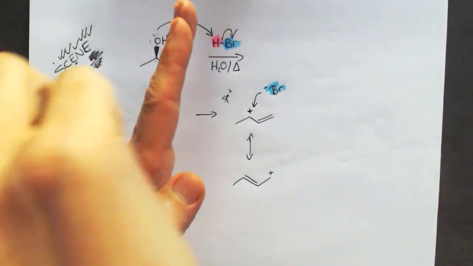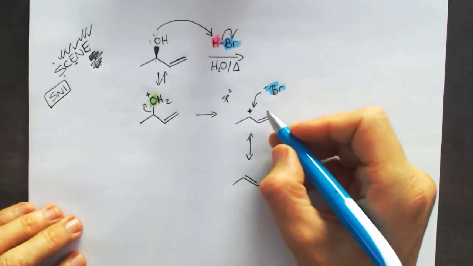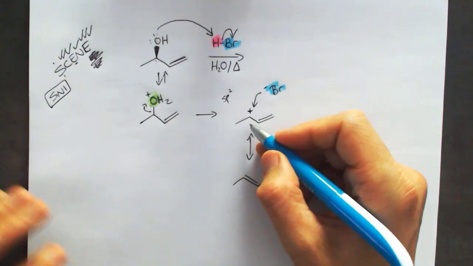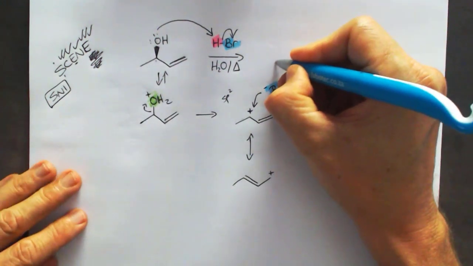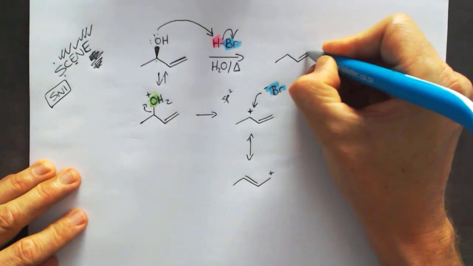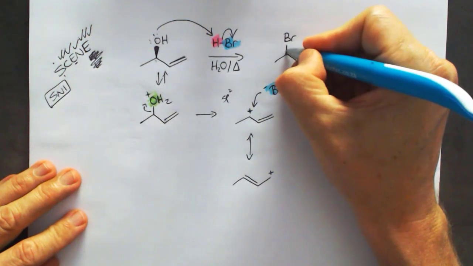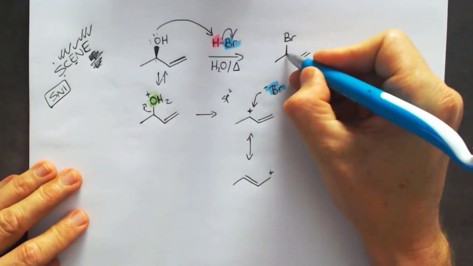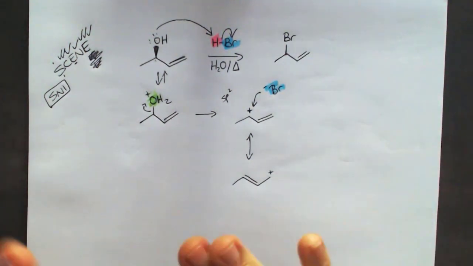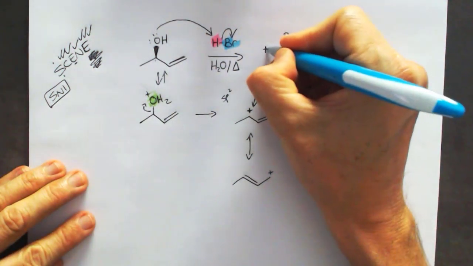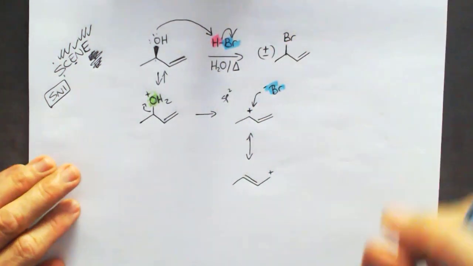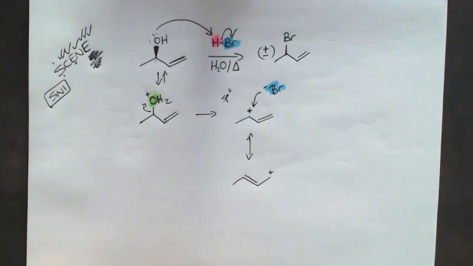So there's two faces that we can add from, and the choice here is essentially 50-50. So when we form this product, we can't put stereochemistry at this position because it's going to have been destroyed. This will be racemic. So we put a plus and minus in front of it to say that it is racemic.